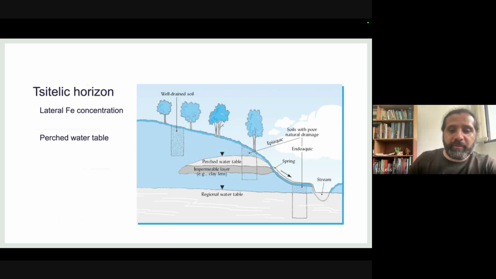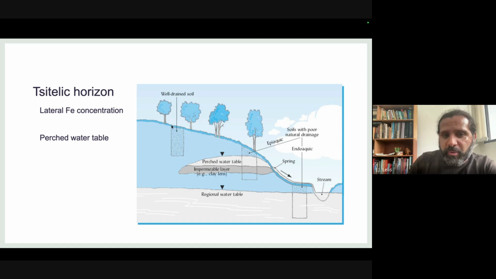Another horizon that also expresses a strong influence of water table level is the stellic horizon. This stellic horizon expresses lateral iron concentration. So some water could migrate and reach the water table and create a perched water table. And when this water migrates laterally, horizontally, it could get out as springs, and this spring could induce some oxidation.